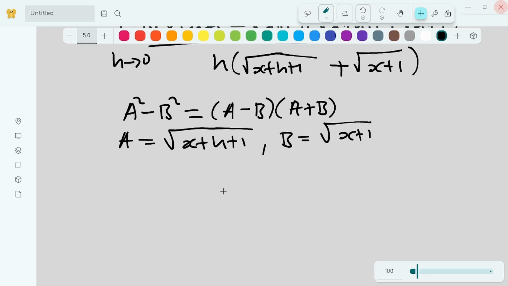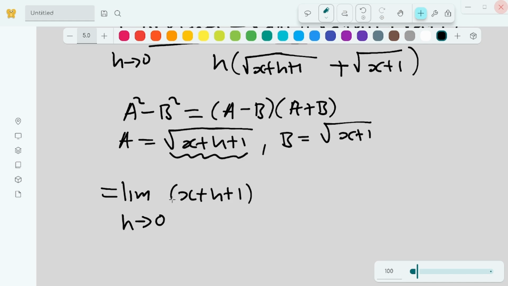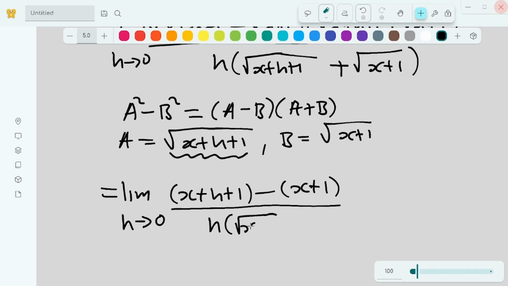This becomes the limit as h goes to 0 of: if you square a, you get x + h + 1, minus, if you square b, you get x + 1, and everything divided by h times the square root of x + h + 1 plus the square root of x + 1.